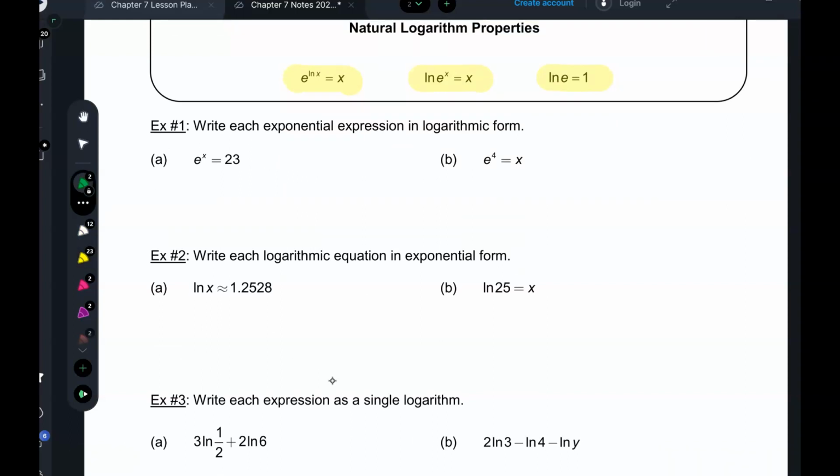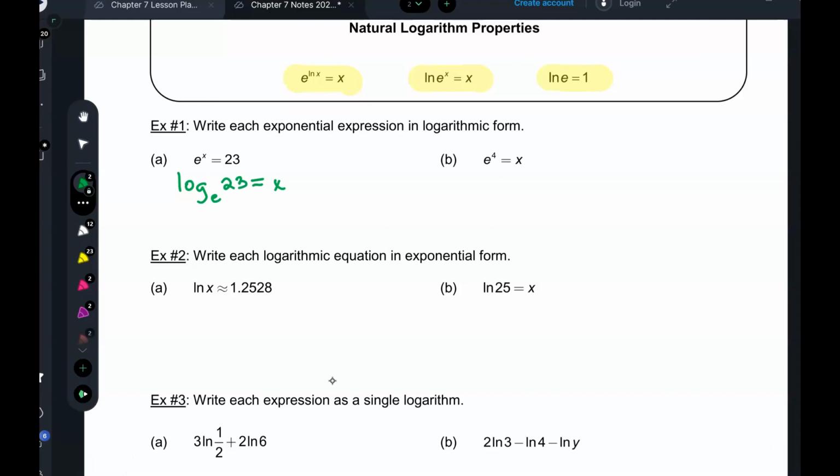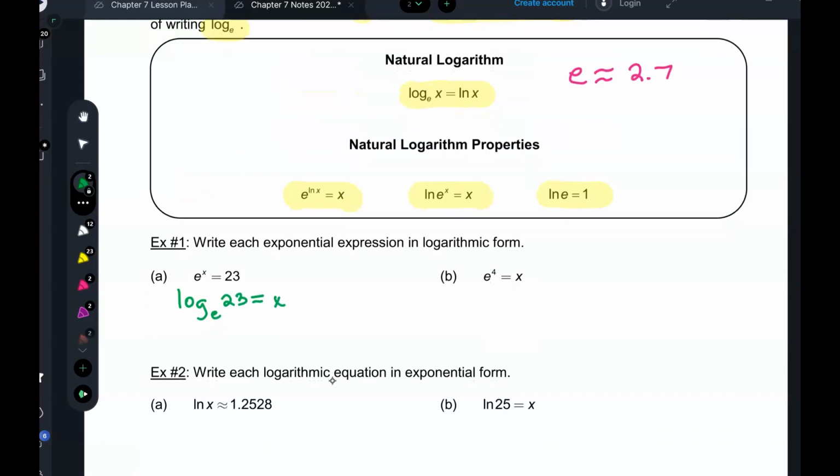All right, so we want to write each exponential expression into logarithmic form. What would that look like? How do we do it? Okay, so log base e of 23 equals x. Now, I don't want to write it with a log with a base of e. So I'm going to rewrite the logarithm base e.